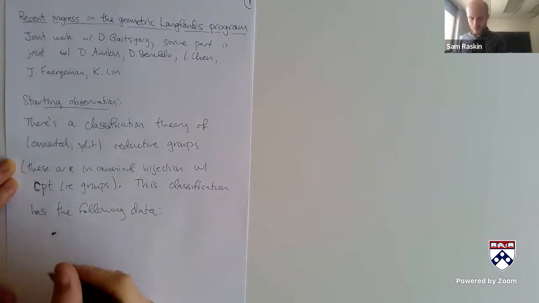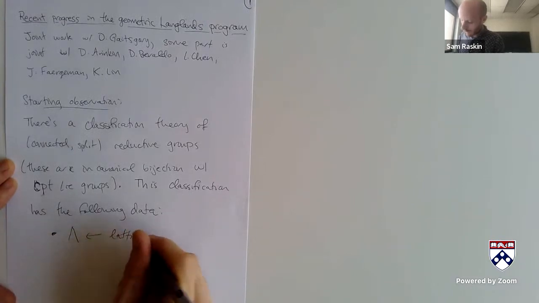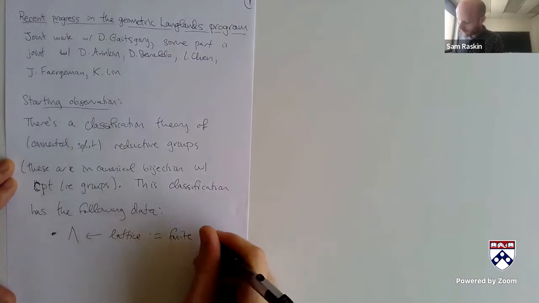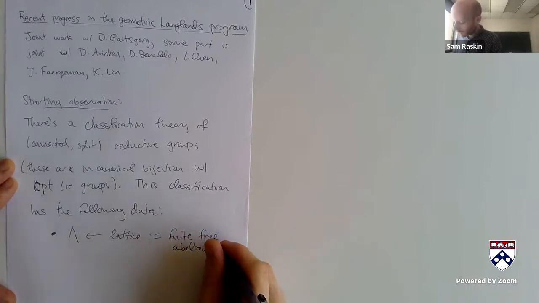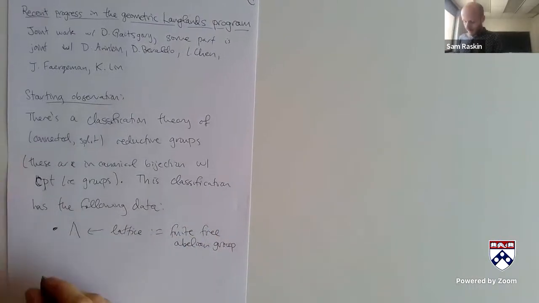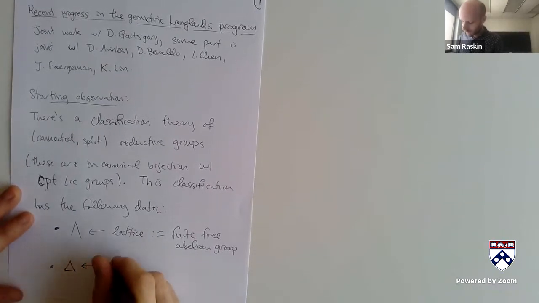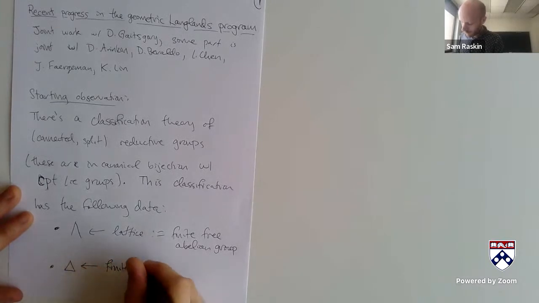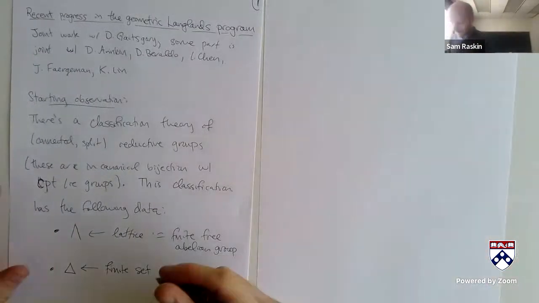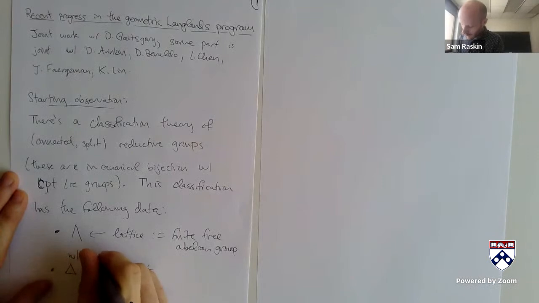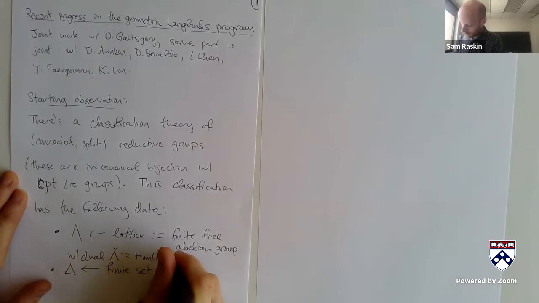First, there's lambda, a lattice, aka a finite free abelian group, a finitely generated free abelian group. And maybe I'll say here that it has a dual, which I'll call lambda check. This is just maps from lambda to Z.